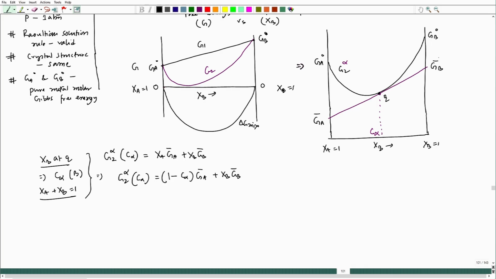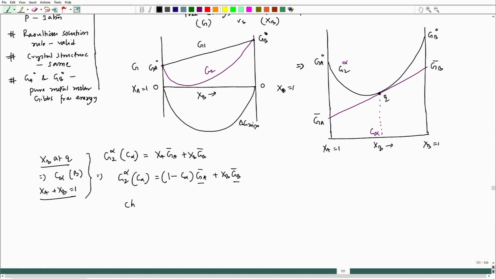Last class we saw that the tangent at any point of G2 intersects the free energy axis at XA equal to 1 and XB equal to 1. So those are GA bar and GB bar respectively. Those are the partial quantities, or chemical potentials, of A and B in the solution, which is G2. Now let us come to these two quantities.